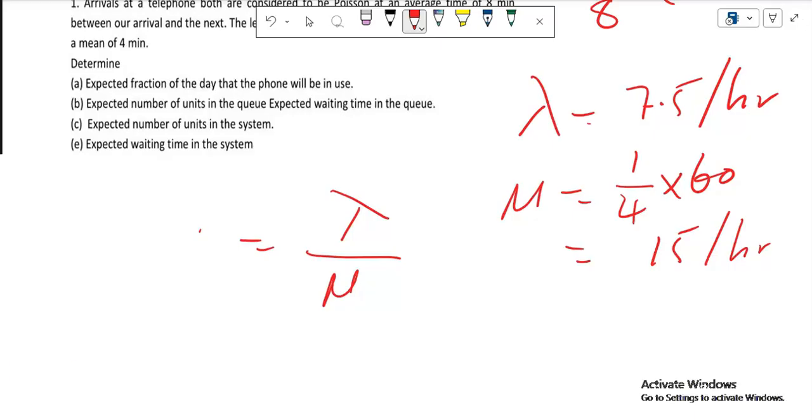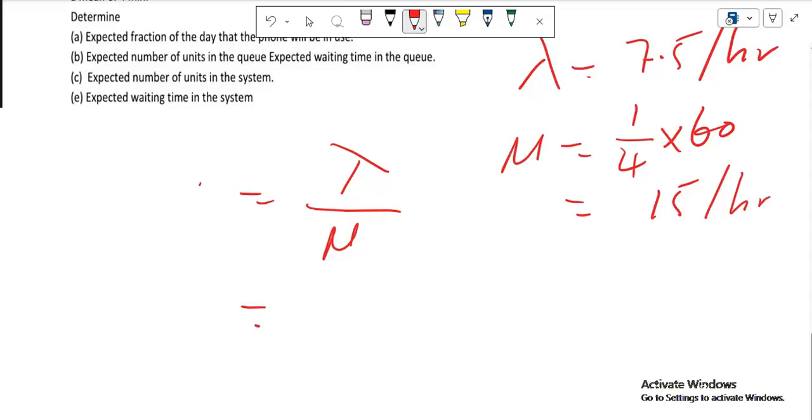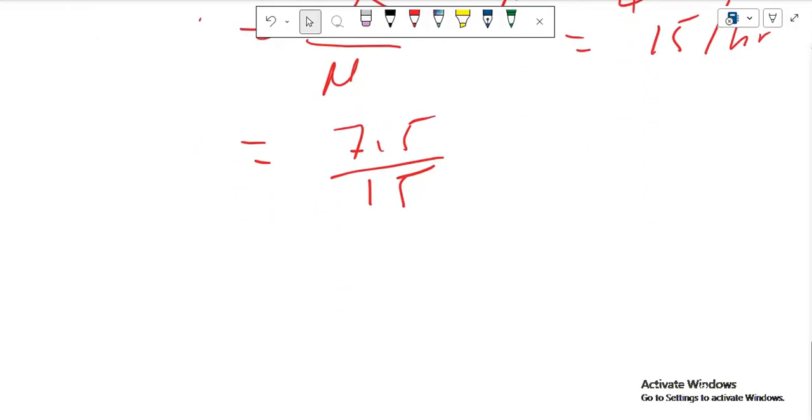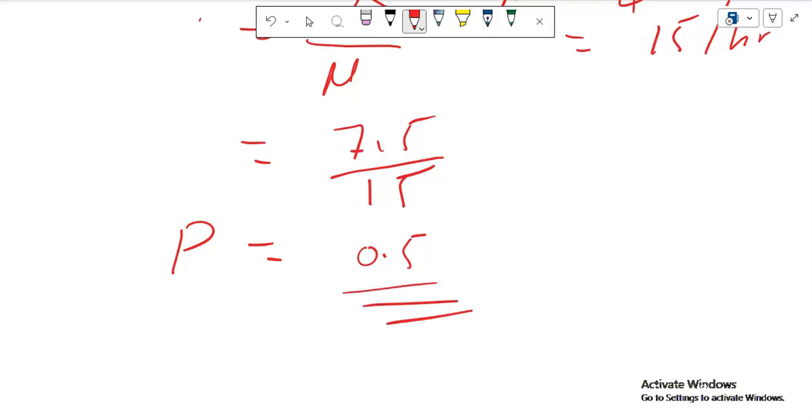Now, given our mu being 15 and our lambda being 7.5, we can apply this particular formula, isn't it? Our lambda is 7.5 divided by 15. What is 7.5 divided by 15? This is 0.5. So the fraction of the day that will be engaged will be 0.5, or in other terms, half a day, right?